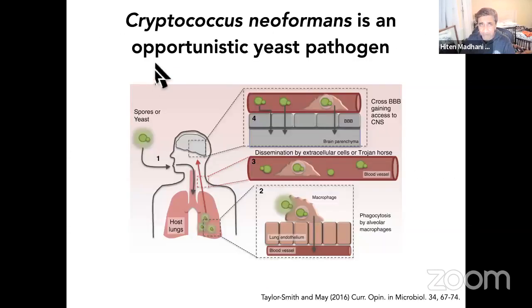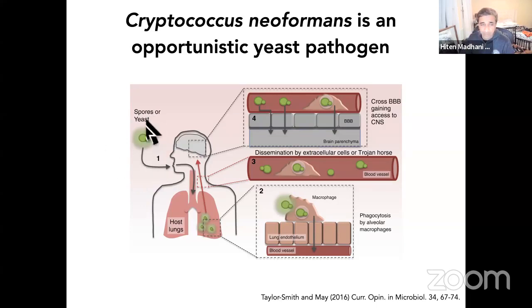The reason why people are interested or have been historically interested in Cryptococcus is that it's an important human pathogen. It's the most common cause of fungal meningitis in humans, and it's an opportunistic pathogen, meaning that individuals who have an intact immune system are not susceptible to infection. However, individuals with a weakened immune system are. And this includes people who lack T cells. So for example, patients with end-stage AIDS.